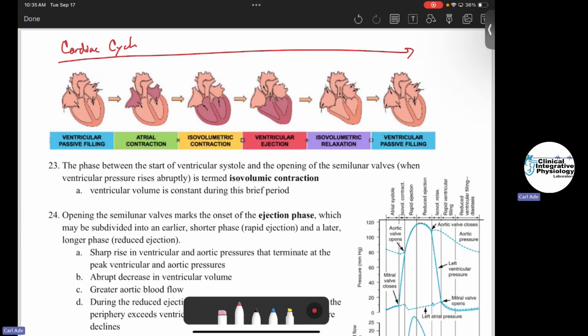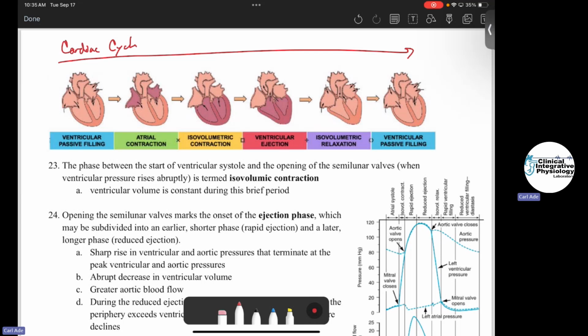But we've got periods of passive ventricular filling. And again, think about what we've talked about, the sequence of events when we talked about the wave of depolarization. So we've got a period of ventricular filling, a period of atrial contraction. We've then had what's referred to as an isovolumic contraction, and that's what I've got here in point 23, where all the valves are closed.